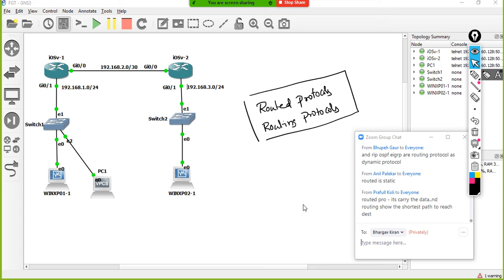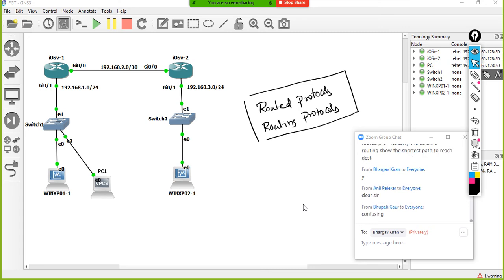By using routing protocols, we are going to build the routing table. Most of them are not able to understand? Say yes or no. Using routing protocols, Bhupesh, you build the routing table.